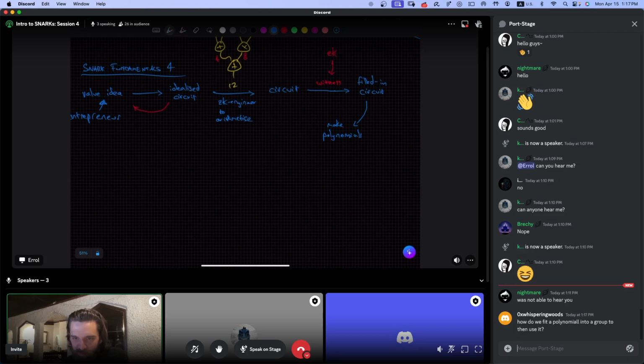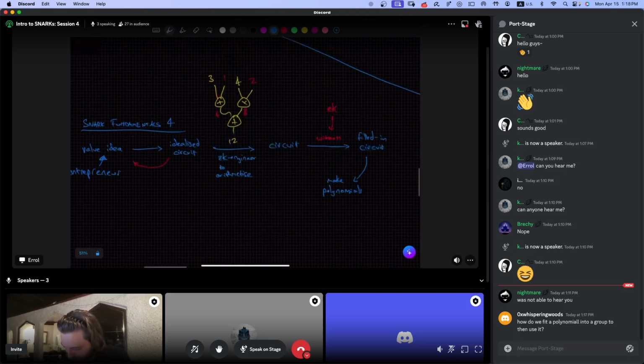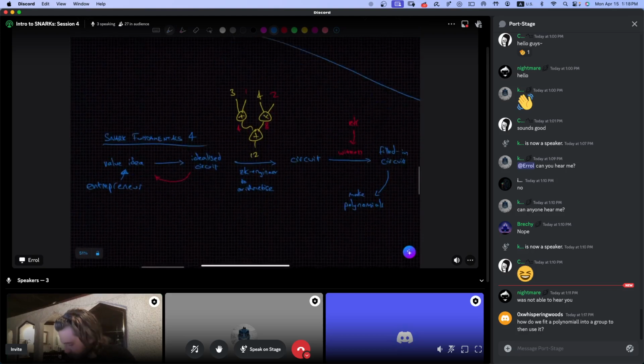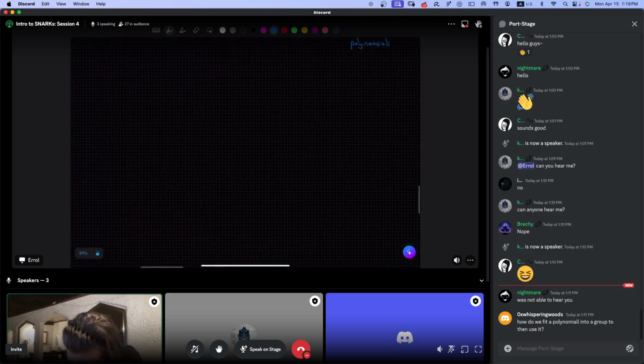So, how do we fit a polynomial into a group to then use it? What we do is we'll make our polynomial. Well, we'll actually make several polynomials, and maybe this one is 3 plus 7x plus 9x squared.